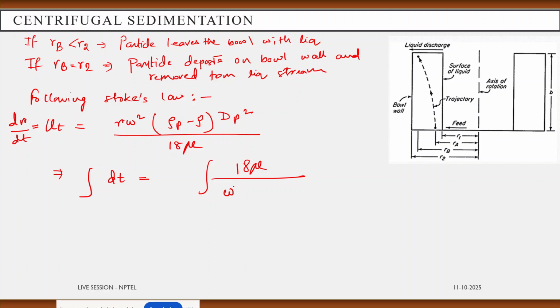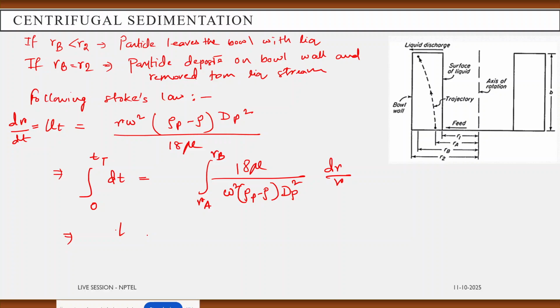from 0 to the terminal residence time, where the particle will move from location Ra to Rb. So what will be the residence time for the particle?